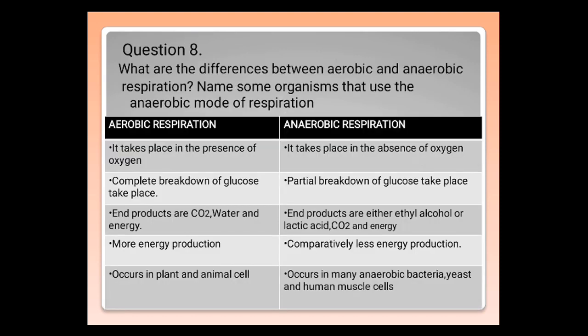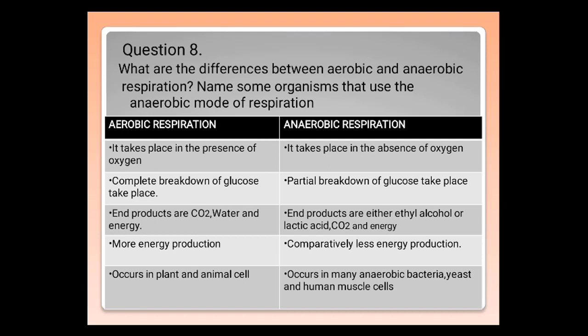What are the differences between aerobic and anaerobic respiration? Name some organisms that use the anaerobic mode of respiration. Answer: Aerobic respiration takes place in the presence of oxygen, whereas anaerobic respiration takes place in the absence of oxygen. Next point.